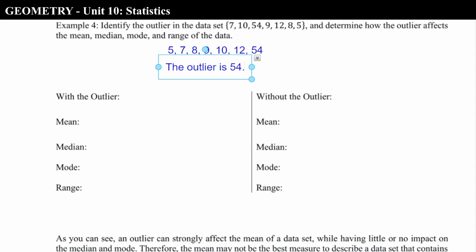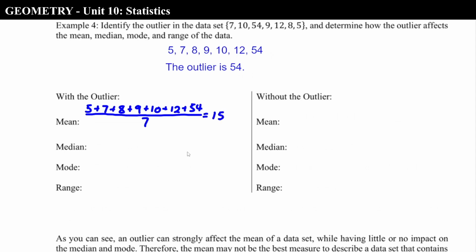So with the outlier, let's determine these pieces of information. The mean is going to be, with the outlier, 5 plus 7 plus 8 plus 9 plus 10 plus 12 plus 54 divided by the number of pieces of data we have, which is 1, 2, 3, 4, 5, 6, 7. And that's going to give us 15.